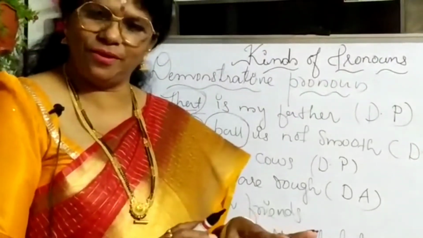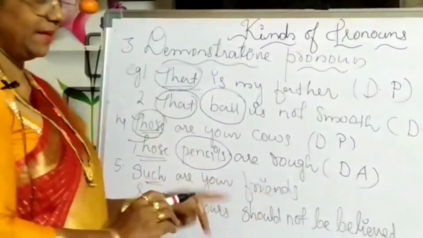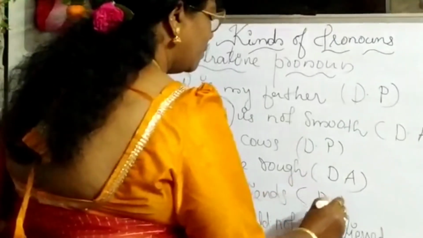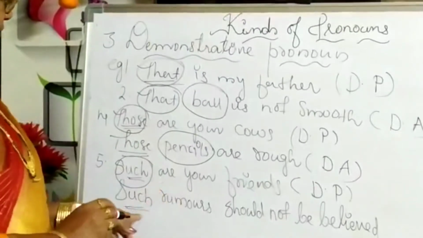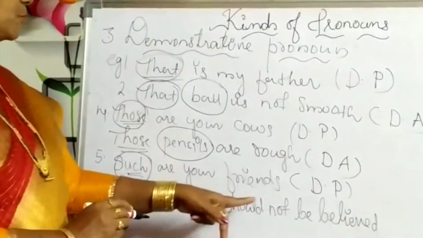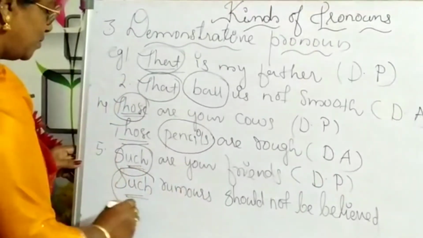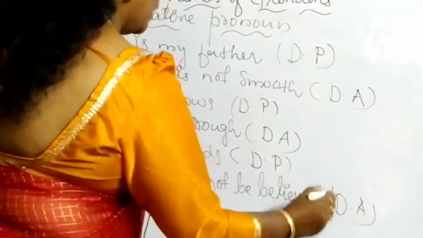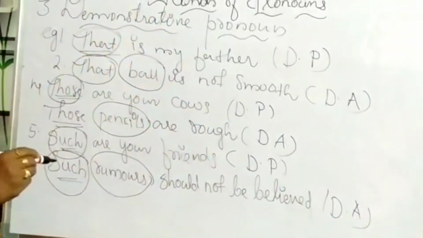I think all are following me. Then, such are your friends. Here such is a demonstrative pronoun. Another one: such rumors should not be believed. Here such is used as a demonstrative adjective, because it qualifies the common noun rumors.